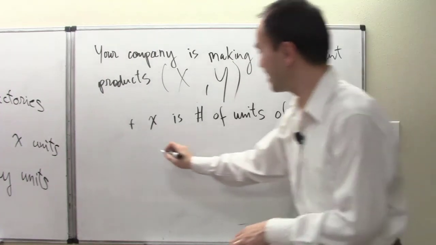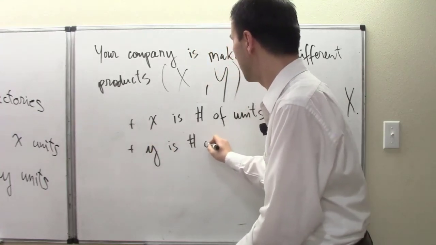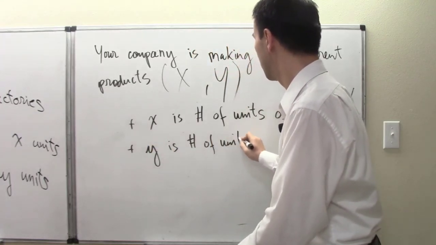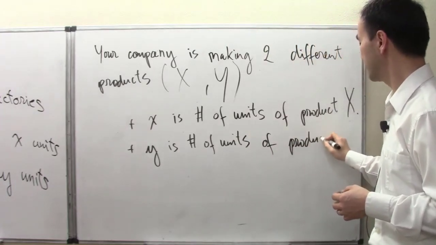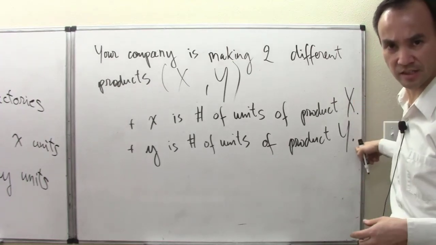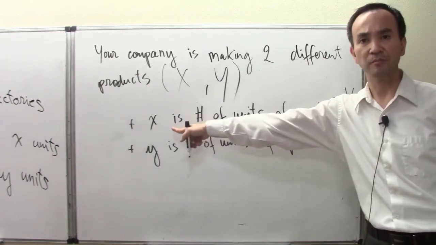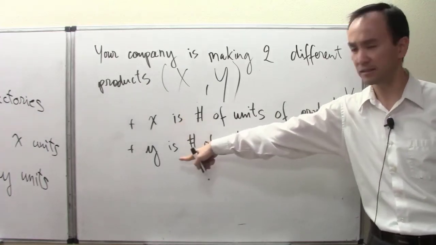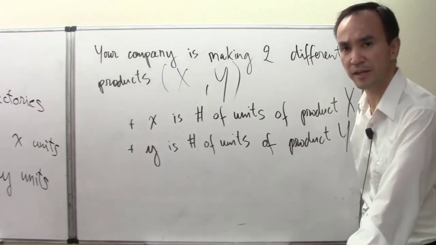Okay, and then the lowercase variable y is the number of units of the product Y. Okay, this could be stuffed bunnies, and this is stuffed giraffes. 2 different products right there. And so x is the number of stuffed bunnies that your company made, and y is the number of stuffed giraffes that your company is making.